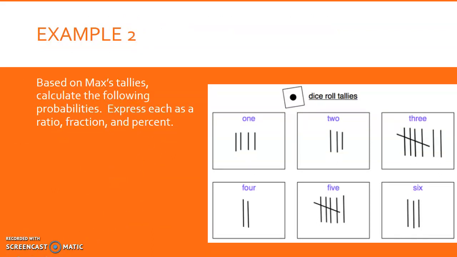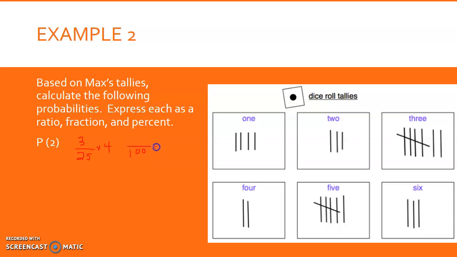Okay, so let's think again about some experimental probabilities. What's the probability of rolling a 2? Well, in his experiment, he rolled a 2 3 out of the 25 times. So he had 3 favorable outcomes out of 25. An easy way to write this as a decimal or a percent is if I multiply this by 4. 25 times 4 is 100.